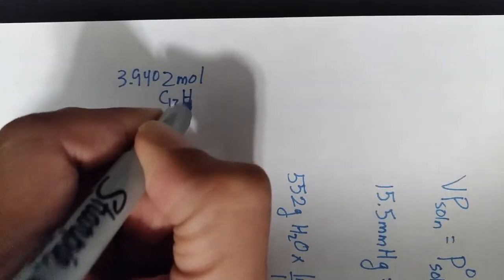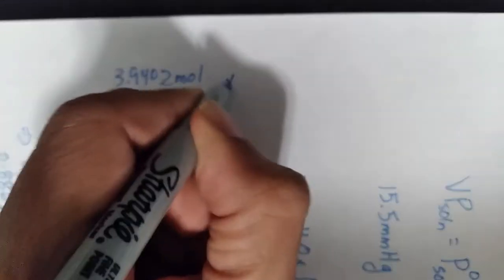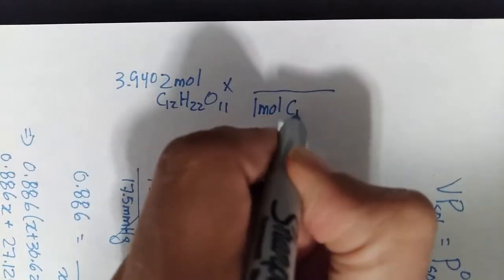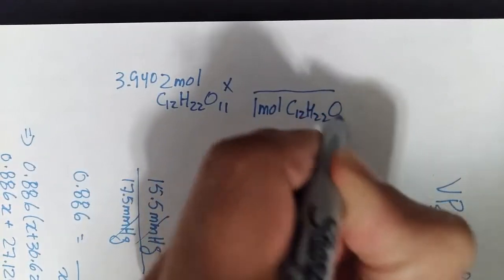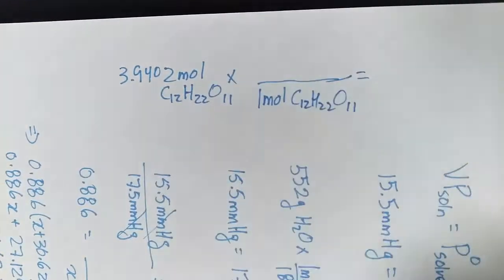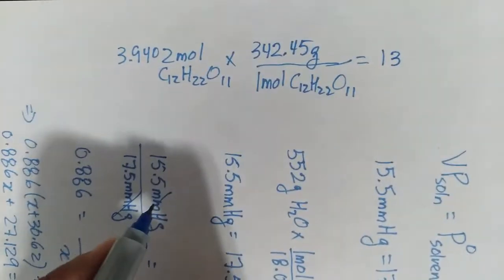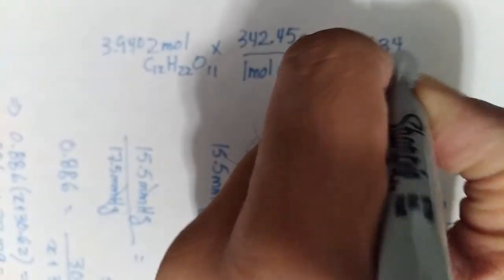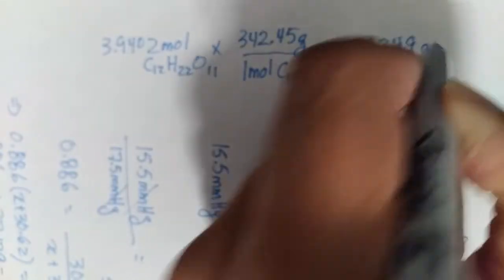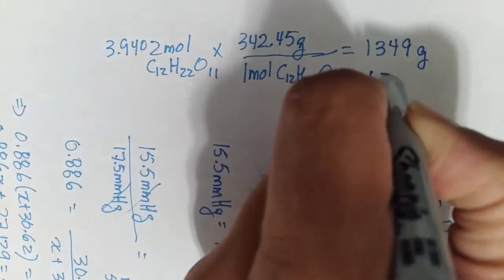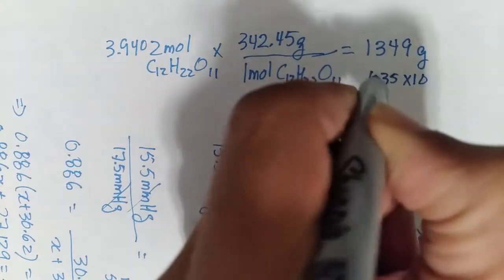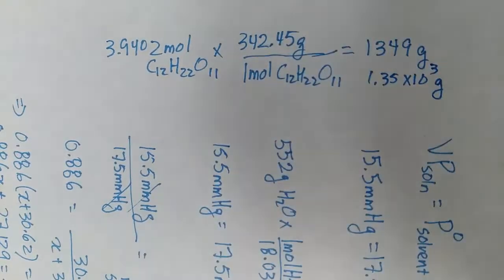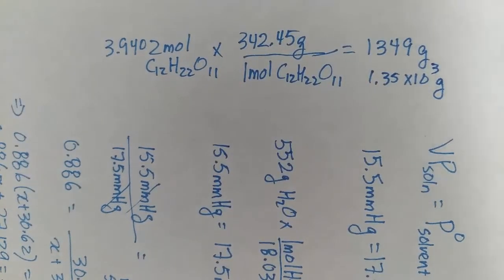Moles of C12H22O11, and for every 1 mole of sucrose, C12H22O11, there's about 342 grams. That gives about 1,349 grams of sucrose. If you want it to 3 sig figs, we can do 1.35 times 10 to the third grams, but 1349 grams should suffice.